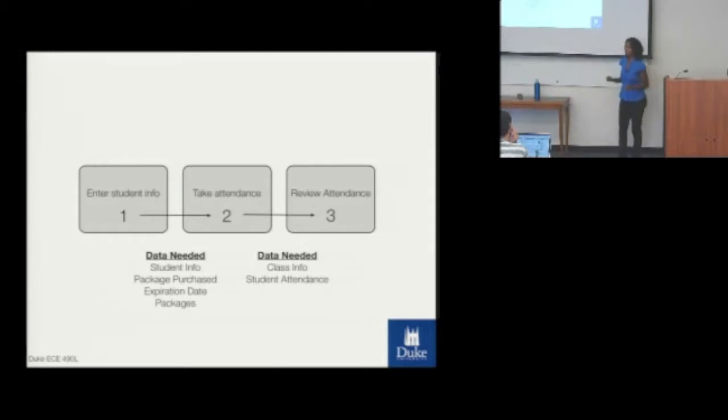So we might have to figure out how to create a package, and then put that package that was purchased. And then they might have some expiration date associated with it. And then from that, we can go to the next step, which is, okay, we're going to take attendance, but what are we taking attendance for, right? Well, there's going to be class information, there might be instructor information, and then finally there's going to be the student's attendance itself. Does this make sense?